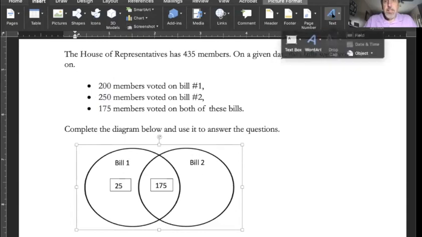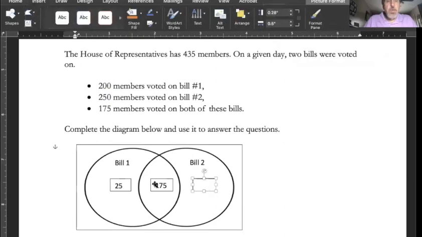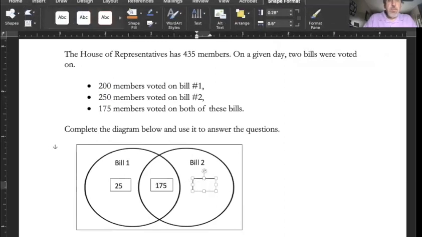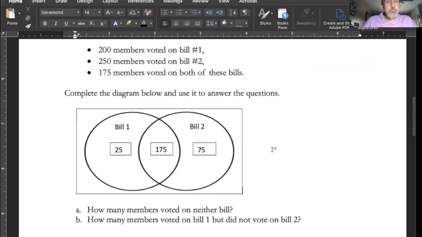We're inserting that text box. If 250 people voted on bill 2 and 175 are already counted, that means there are 75 more people that go in this region. Notice the 75 plus the 175 equals that 250 people.